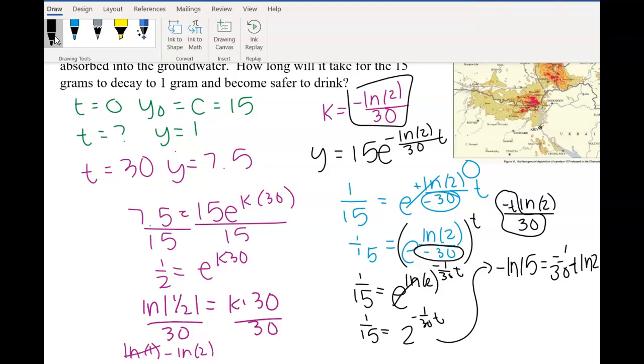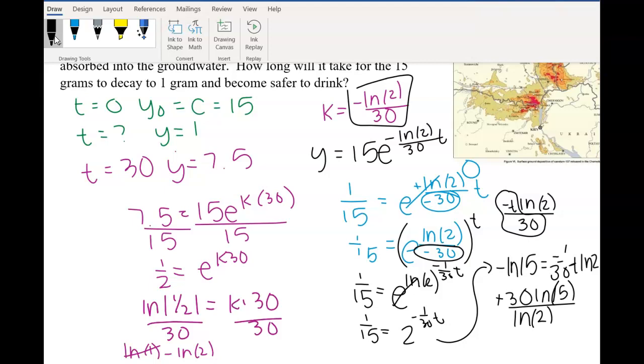So now I can bring that power back down in front. Multiply a negative times a negative to get a positive 30. Divide by ln of 2. These are different divisions because now you're dividing by the ln of 2 and the ln of 15.